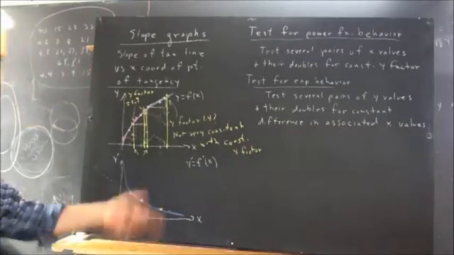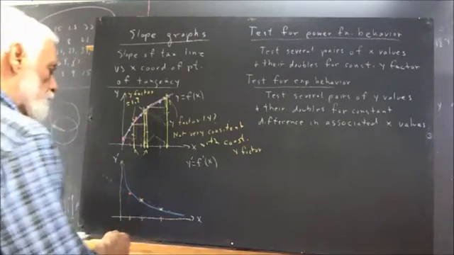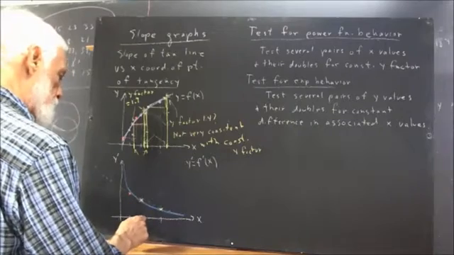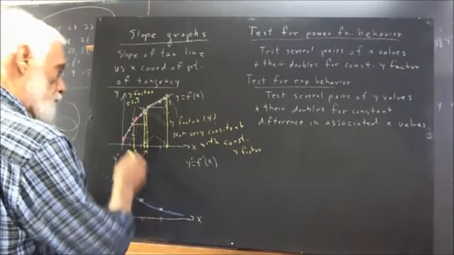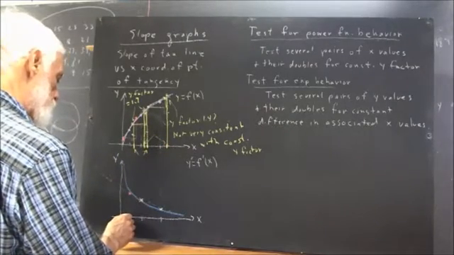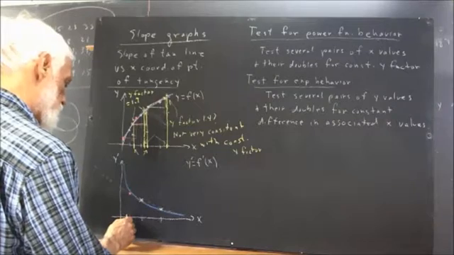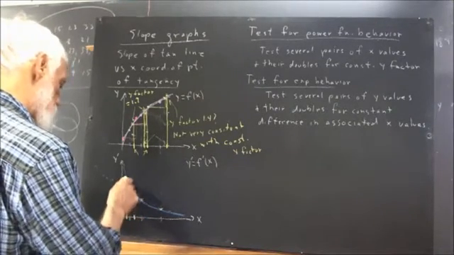Now I can come down here and test this graph. I don't have to use the same pairs of x values I used up here. I'm going to check this graph between, let's say, here and the doubling of that, which appears to be about here.